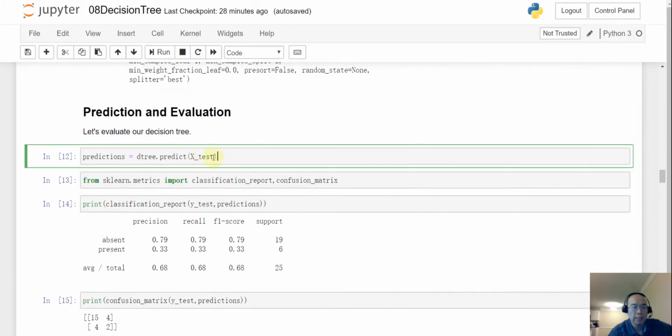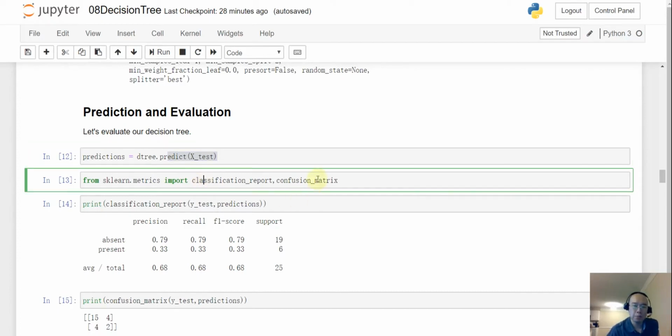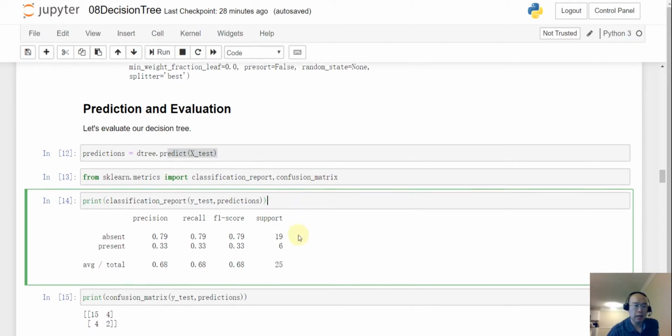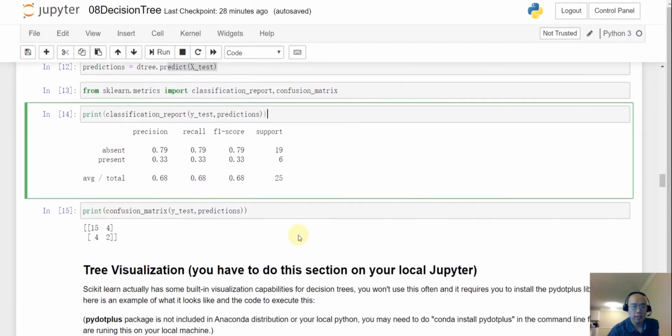Finally, we make the prediction, and if we want to do the classification report and the confusion matrix, we can import both of them. So we make a classification report. It seems that the performance is just okay. It's not really impressive. Considering the size of the dataset, I would say that's acceptable.